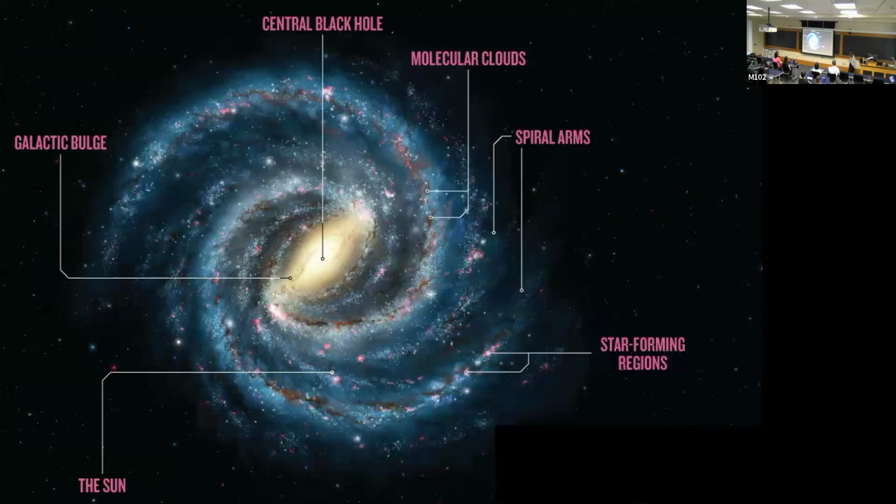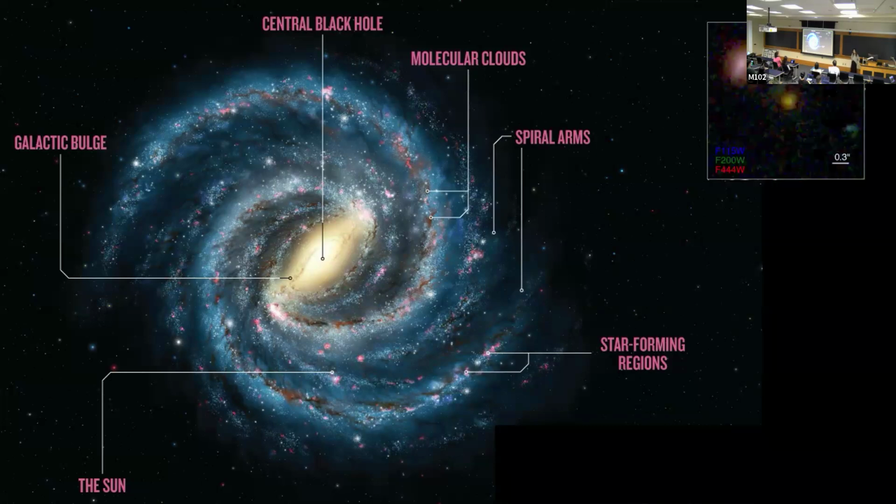the challenge of doing distant galaxies, I can show you in one slide. This is the Milky Way. We see those beautiful structures, the central black hole, the bulge. There are different components like the star-forming regions, dust, and molecular clouds. But for a distant galaxy, the field I'm working in, what you see is this. It's a little dot.